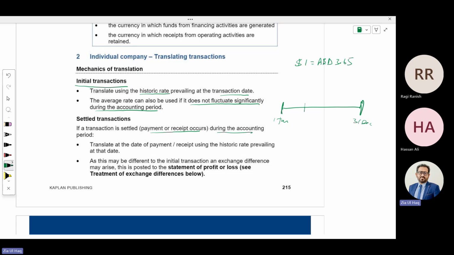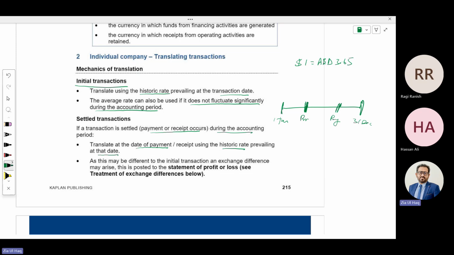If we purchase something here and make payment here, during the year, then the transaction is settled during the accounting period, so translate at the date of payment or receipt using the historic rate prevailing at that date.